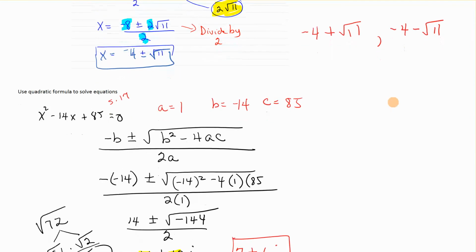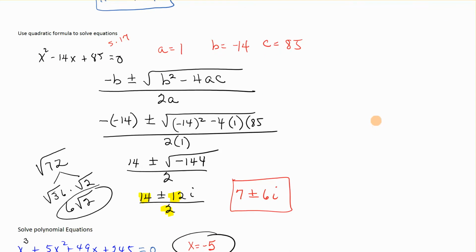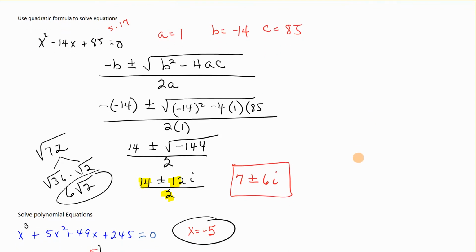Now this one is doing the same thing, except you end up with a negative value under the radical. So we have to know that we're going to have an imaginary number there. So the square root of negative 144, that's equal to 12, but since it's negative, we're going to have 12i.